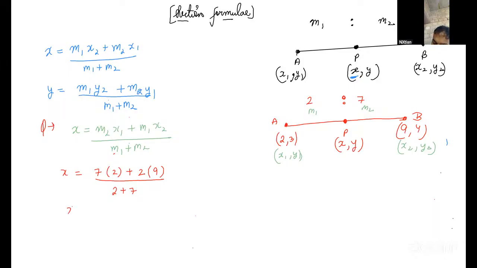So X will become 14 plus 18 by 9, so it will become 32 by 9. So I got the value of X, which is 32 by 9.